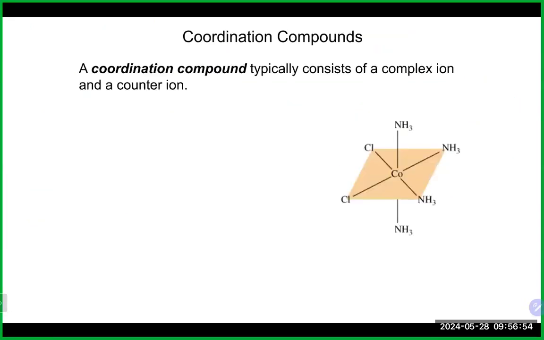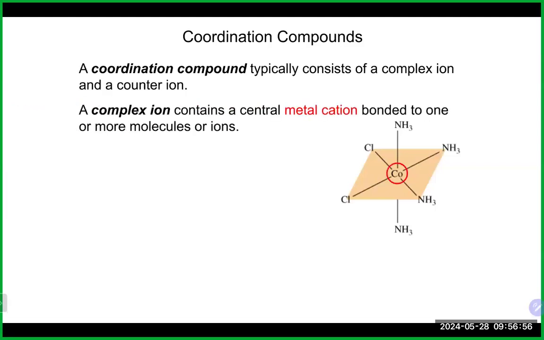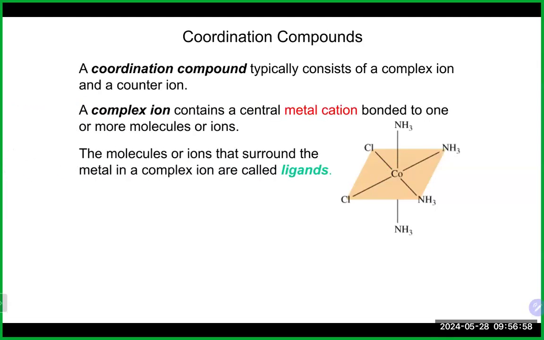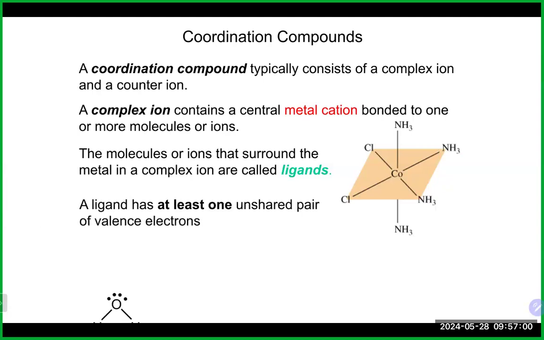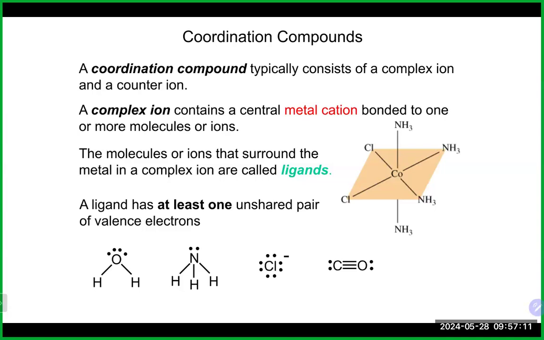So I think that's where we got into here. So we'll just pick back up here again. So a coordination compound, as I just mentioned, is a complex ion with a counter ion. And in this case, again, we have a number of ligands, and things that make really good ligands or Lewis bases are things that are polar and have non-bonding electrons on some electronegative atoms, like our nitrogen there has the ability to attach through the nitrogen.